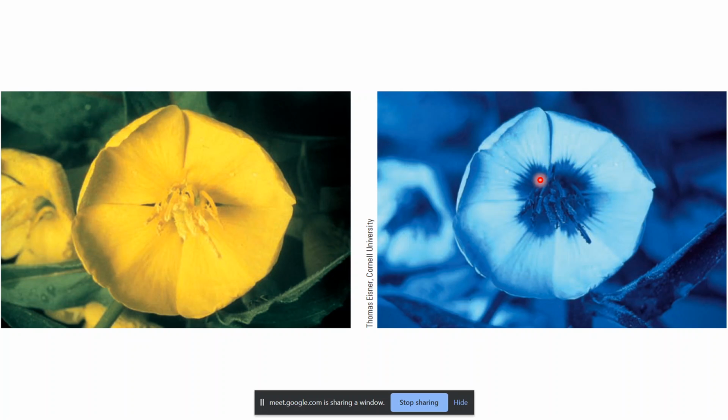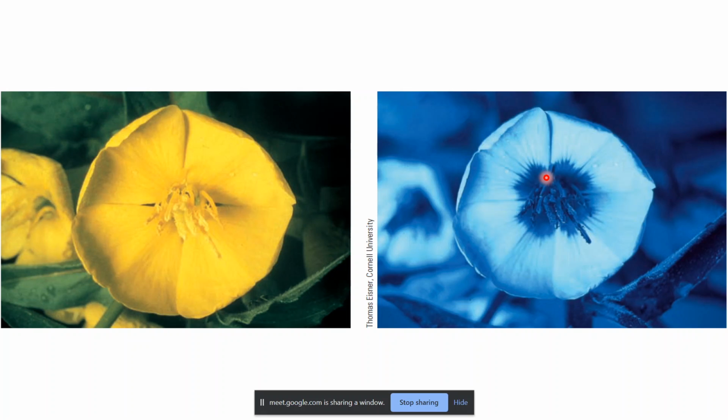So pollen grains are here and the nectar guides are here too. Insects have a well-developed sense of smell, and many insect-pollinated flowers have strong scents that may be pleasant or foul to humans.